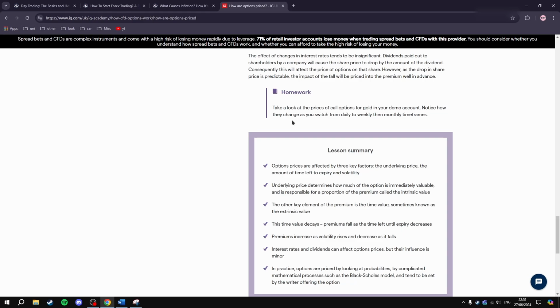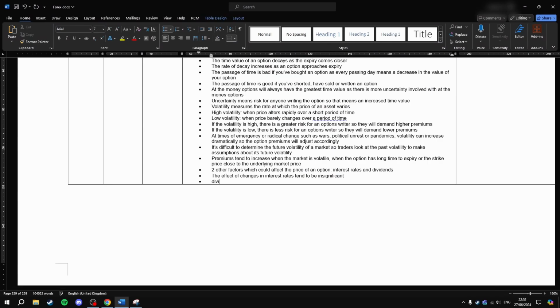Don't know. Dividends paid out to shareholders by a company will cause the share price to drop by the amount of the dividends.